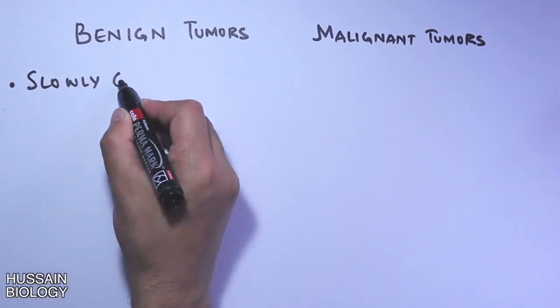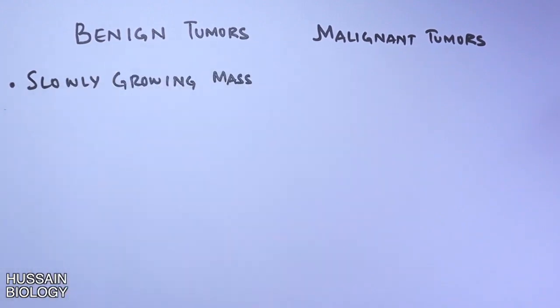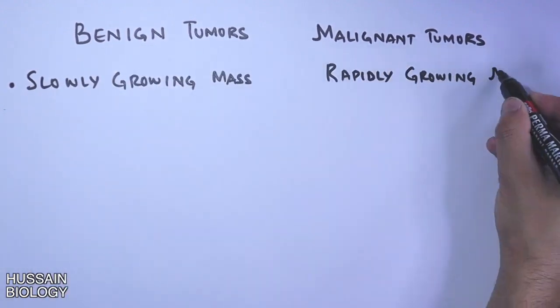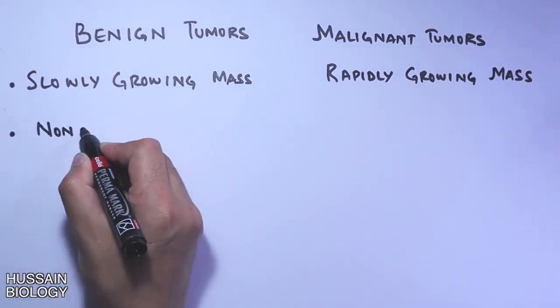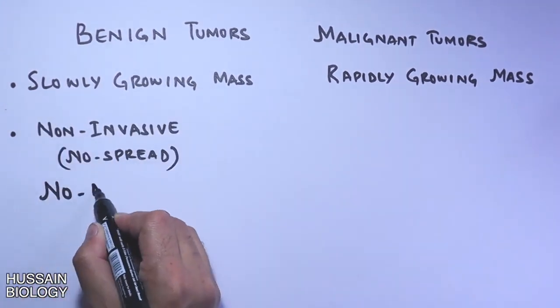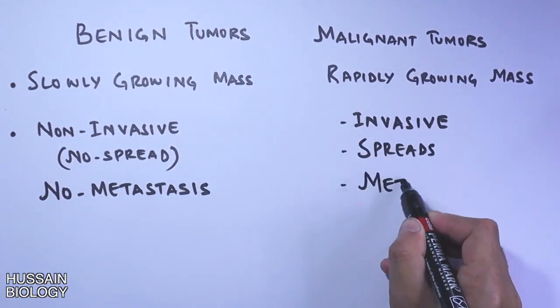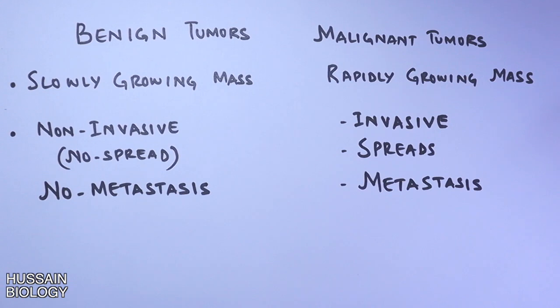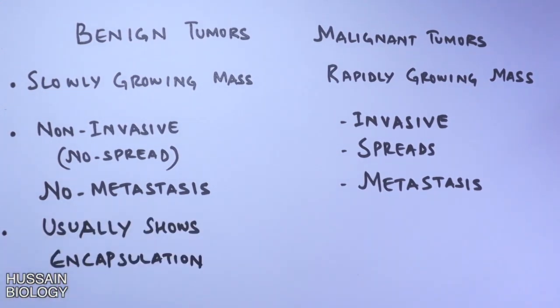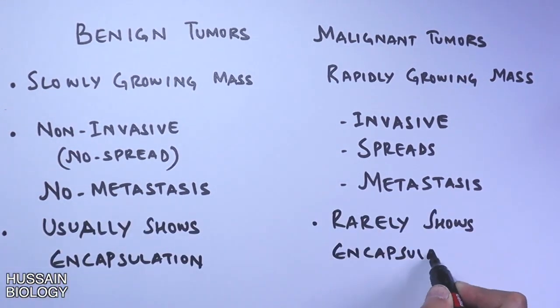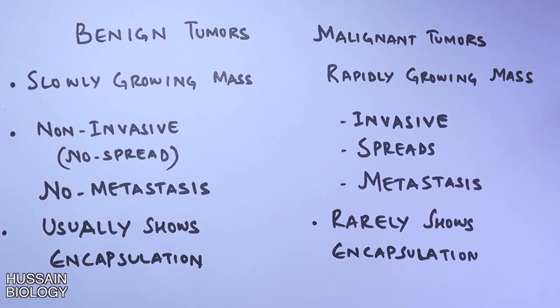Benign tumors are slowly growing masses, whereas malignant tumors are rapidly growing masses. Benign tumors are non-invasive in nature and do not show metastasis, whereas malignant tumors are invasive in nature and show metastasis. Also, benign tumors show encapsulation, whereas malignant tumors rarely show encapsulation. So these are the major differences between benign and malignant tumors in brief.